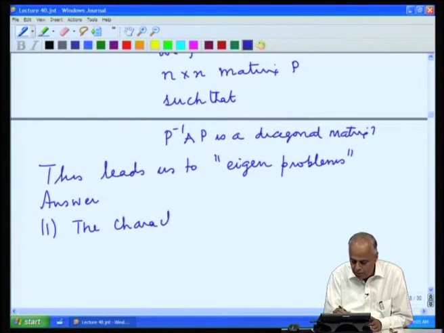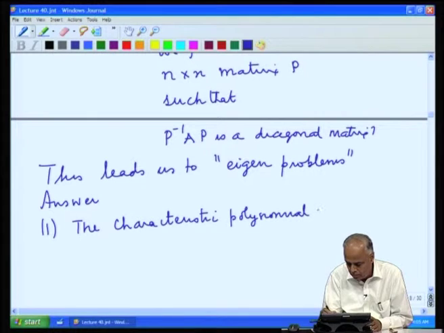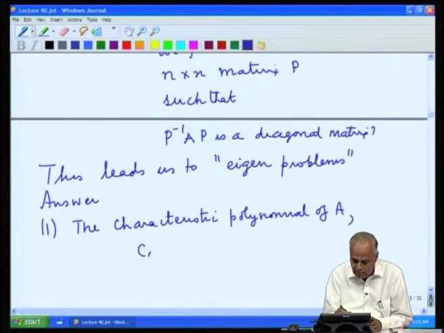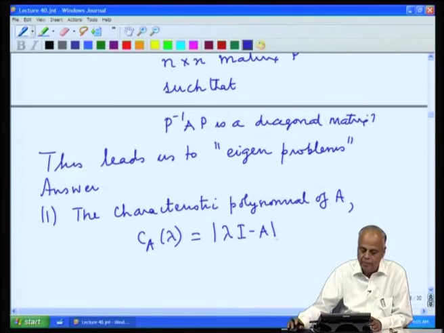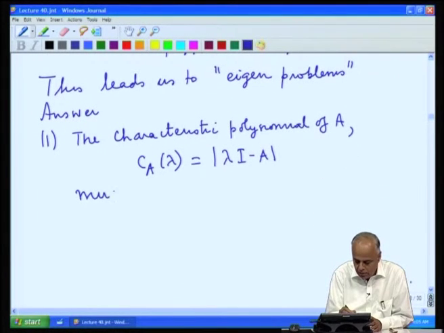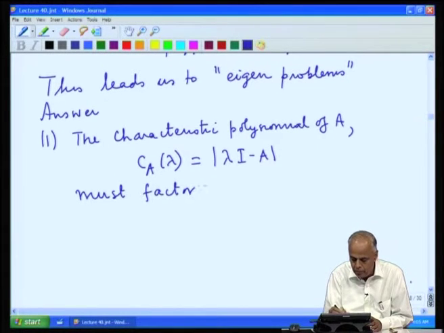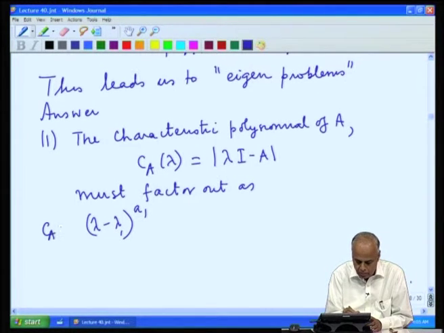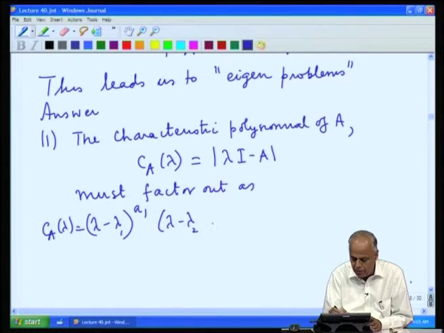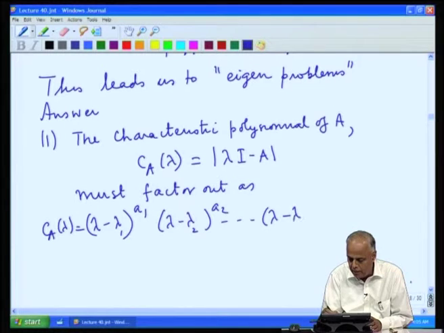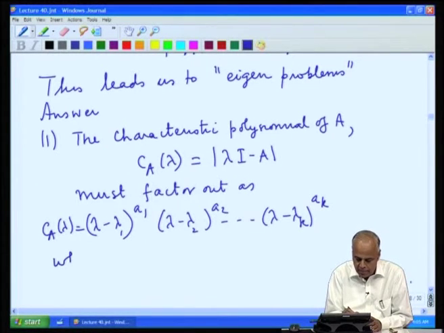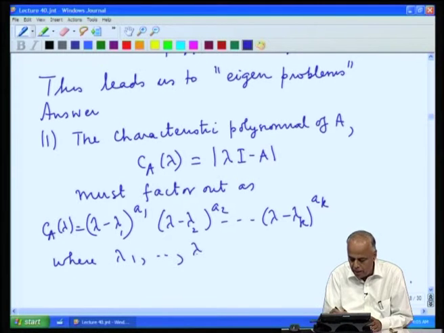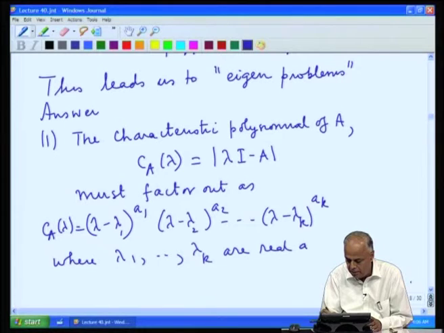The characteristic polynomial of A, which is defined as c A of lambda equal to the determinant of lambda I minus A, must factor out as lambda minus lambda 1 to the power of a 1, lambda minus lambda 2 to the power of a 2, up to lambda minus lambda k to the power of a k, where lambda 1, lambda 2, up to lambda k are real and distinct.